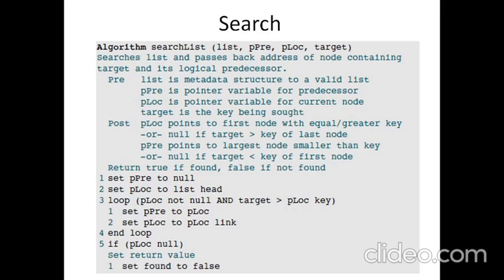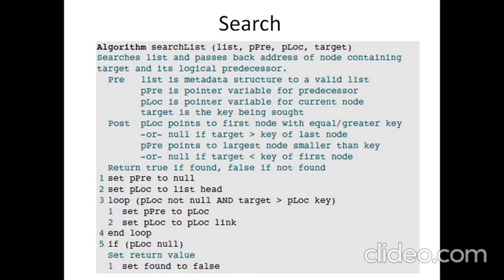So in this way it will keep moving from node to node, and finally if p location is null, which means we could not find the value that we intended to search for, and we reached the end of the list. So p location is null because the last node contains null value in its link field.